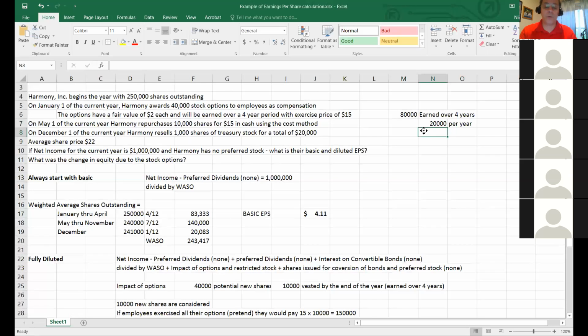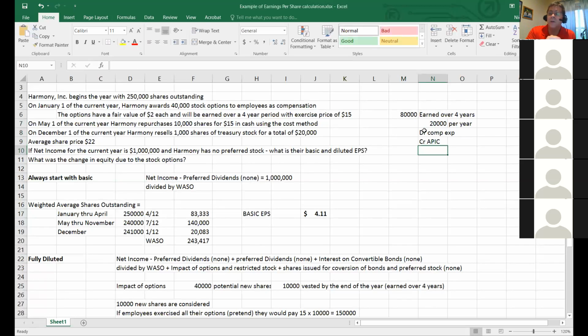And at that point, we would debit compensation expense and credit additional paid-in capital. And you would do that $20,000 each year for the next 4 years.